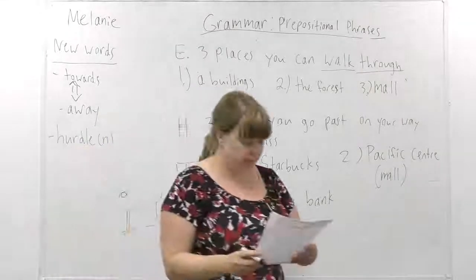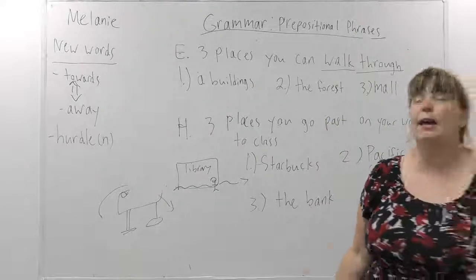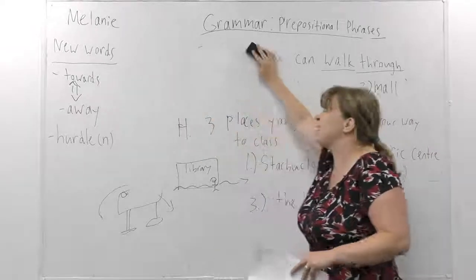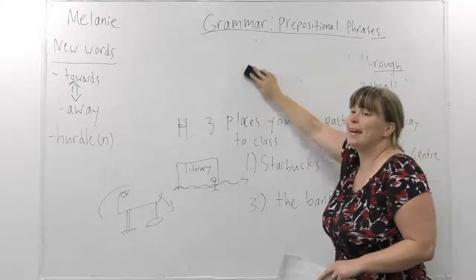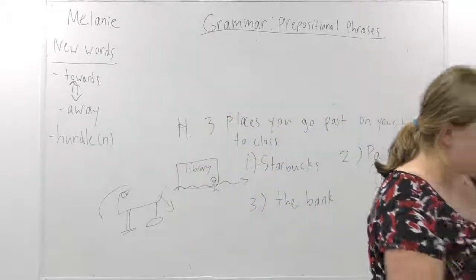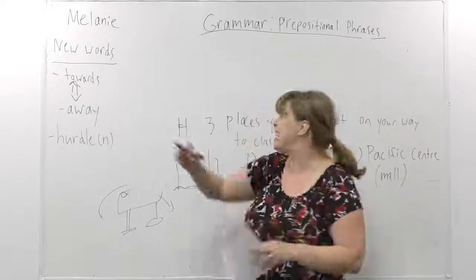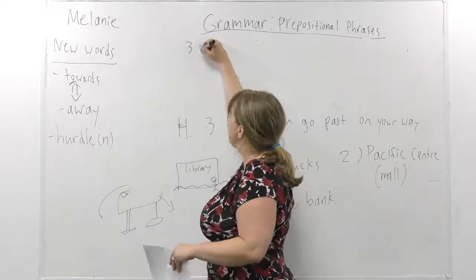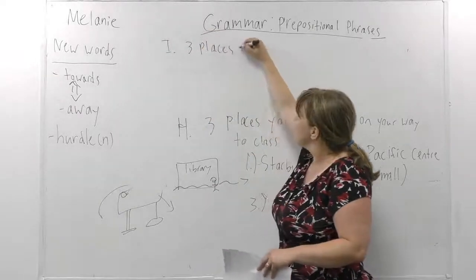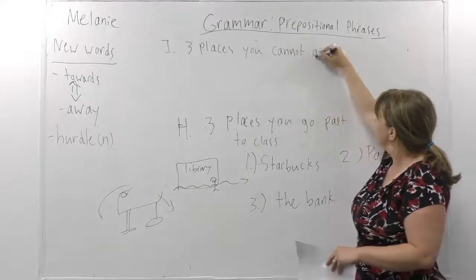Okay, let's do letter I, and then I think we'll finish up there, because I want to get onto vocabulary. Okay, so I. Name 3 places you can't go into without buying a ticket. You cannot go into.